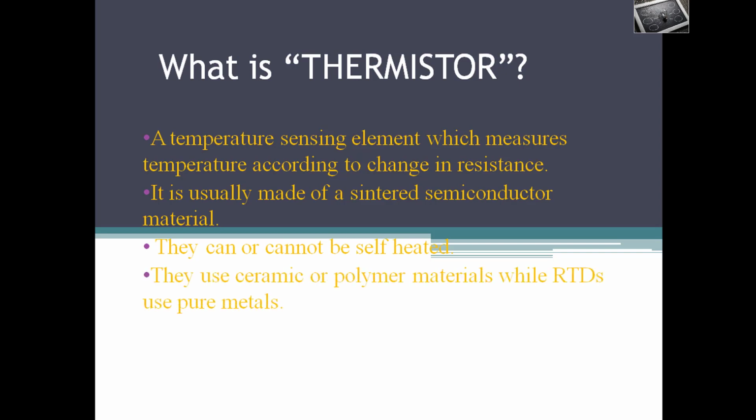Now our next point is they use ceramic or polymer materials while RTDs use pure metals. Thermistors are usually made of ceramic or polymer materials. RTDs are a different branch of this that actually use pure metals.